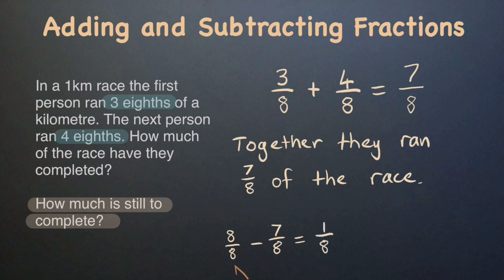Because the parts are the same size, we've got 8ths and 8ths. We started with 8, we took away 7, and we know 8 take 7 is 1, so we end up with 1/8. There is still 1/8 to complete.